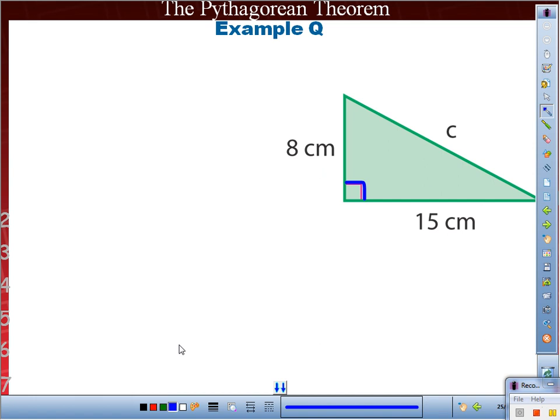Okay, so we're going to do this one together so that you can see the process, so that you can come up with your own steps when you write your steps, okay? So if they're asking me to figure out the long side, what would be my obvious first step now that we developed the Pythagorean Theorem? Pablo.